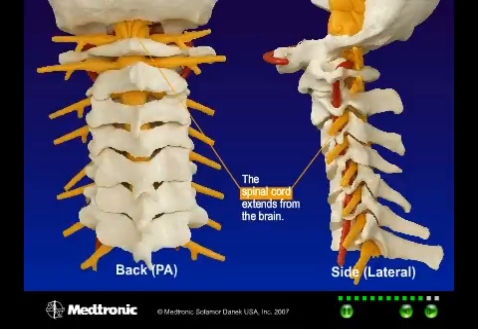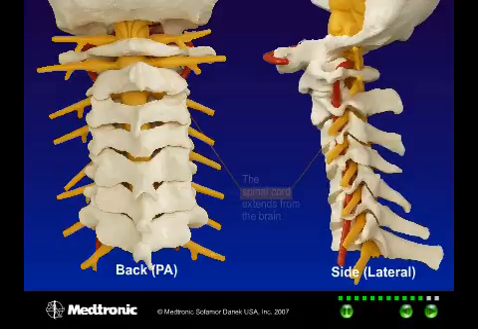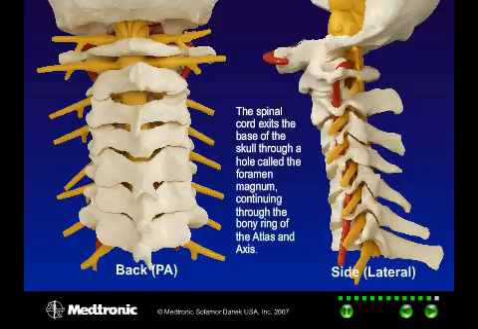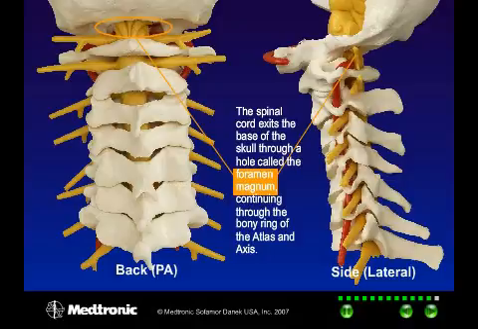The spinal cord extends from the brain. The spinal cord exits the base of the skull through a hole called the foramen magnum, continuing through the bony ring of the atlas and axis.